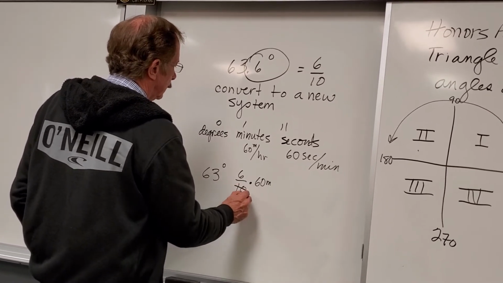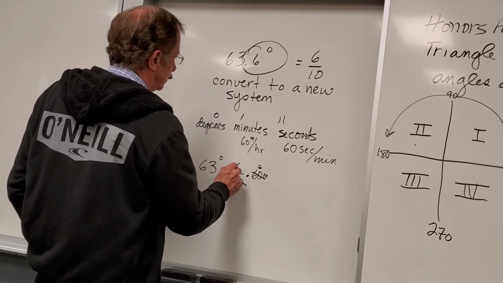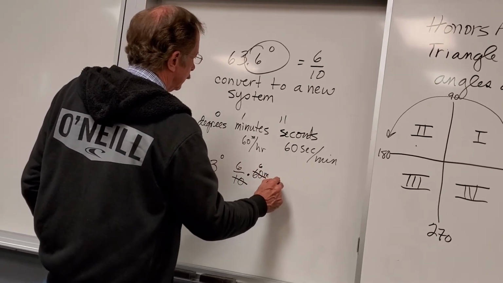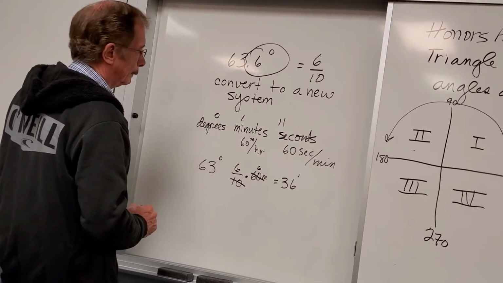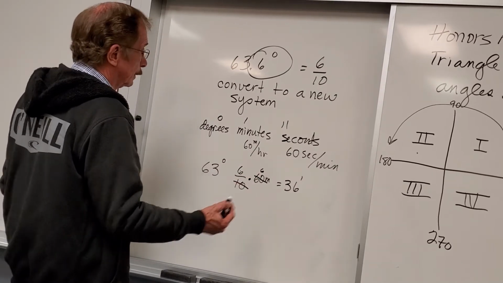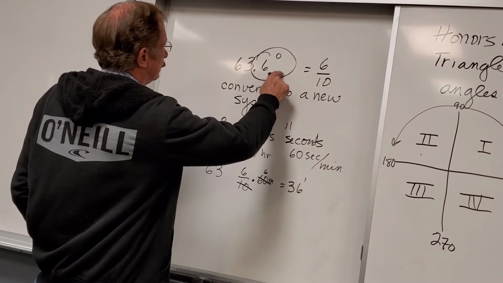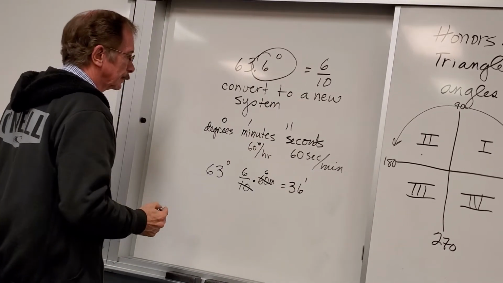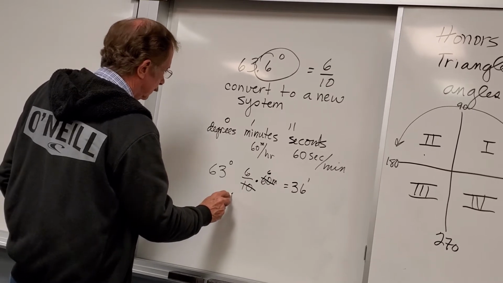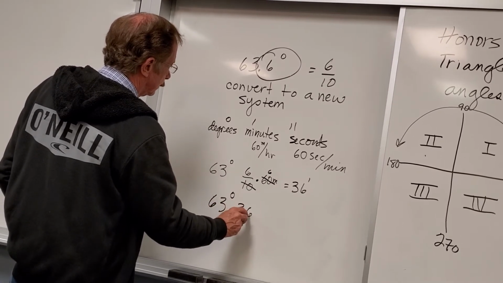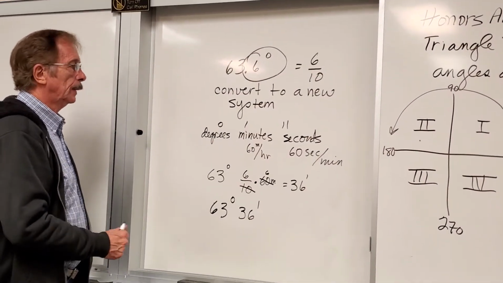Well, you can see right now, if I cancel this, I get a 6 here. So 6 times 6 gives me 36 minutes. That's all there is to it. I don't have any seconds here because this number did not run out farther, and I need to find out the seconds beyond that. So my final answer would be 63 degrees, 36 minutes. Seems simple enough? I hope so.